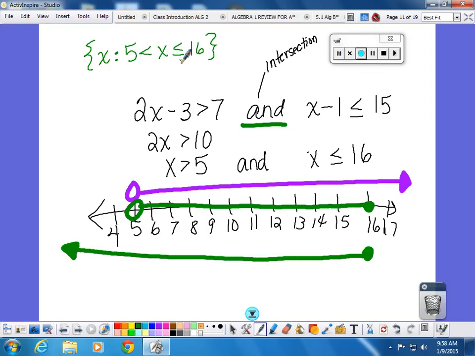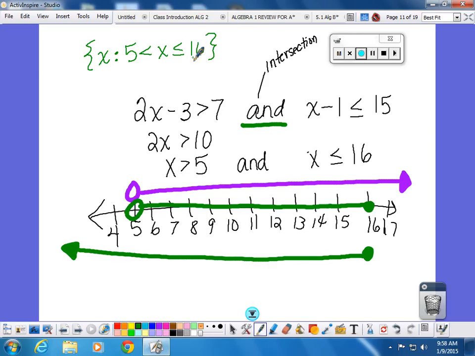I had it colored in circle, so I'm going to do an or less than or equal to right there. Now that's set builder. That's saying all my solutions are sandwiched in between this number and this number. I have my smallest number, my largest number, just like on my number line, reading from left to right, okay?